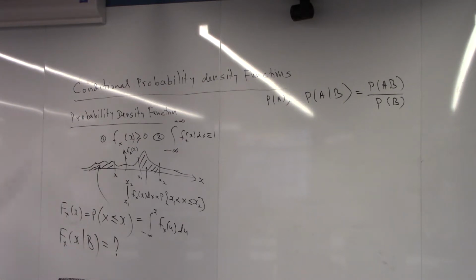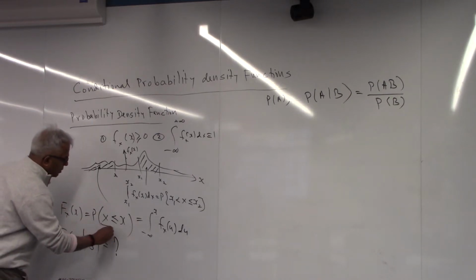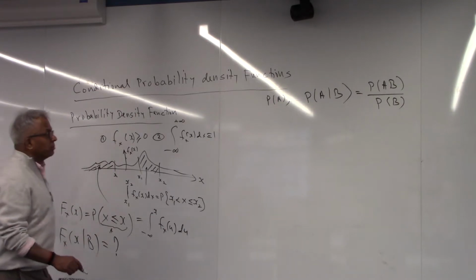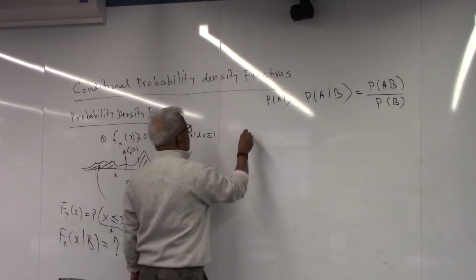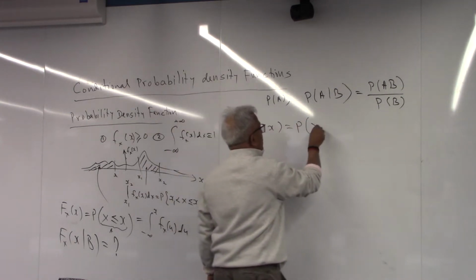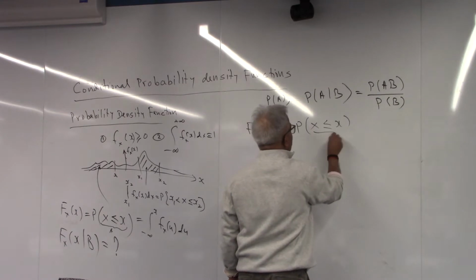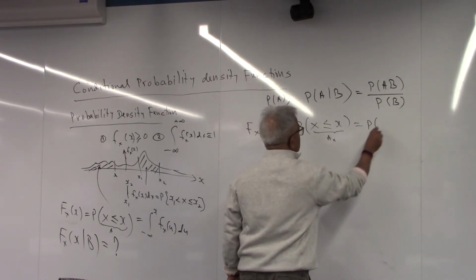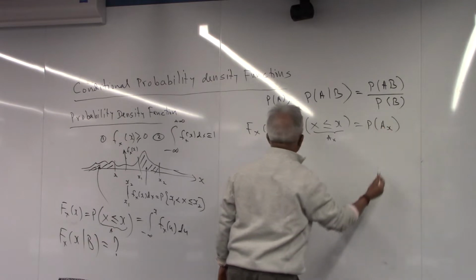So fortunately, we can use the conditional probability because after all, the distribution function is the probability of some event. So F_X(x) is probability of X less than or equal to x. If I call this event A_x, this is the probability of an event.